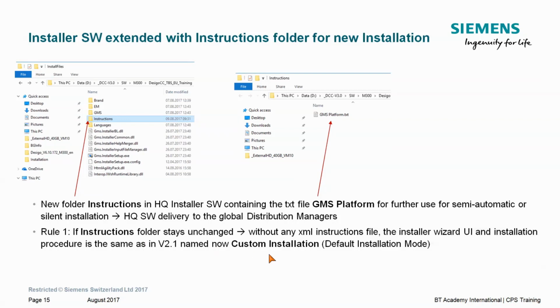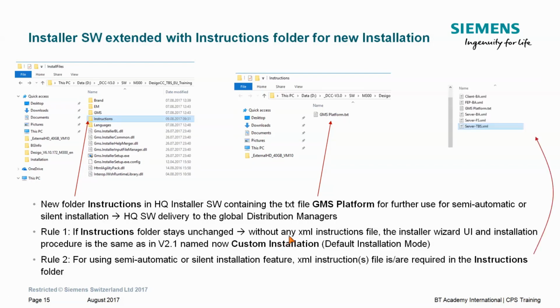We have to make a distinction between custom installation, so the default installation mode, and the two new modes. Rule number two, if this instructions folder contains XML instruction files, they are used for semi-automatic and silent installation.